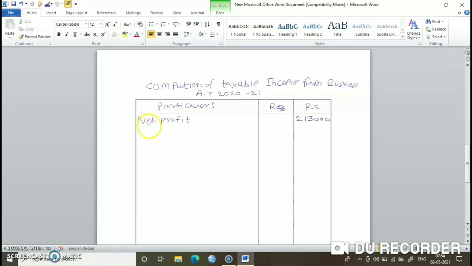So first of all we consider net profit, then we have to add certain expenditures which are not admissible as a business expenditure but expressly debited to the profit and loss account by the businessman. So we write here inadmissible expenses debited to profit and loss account.